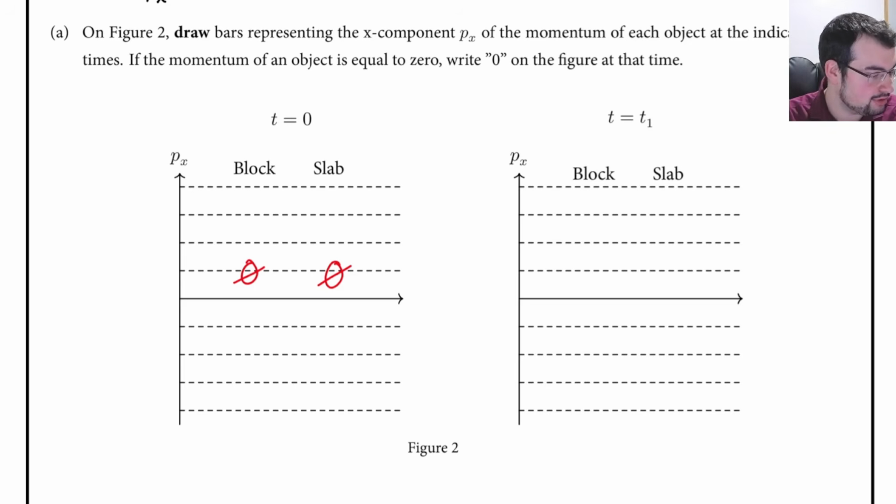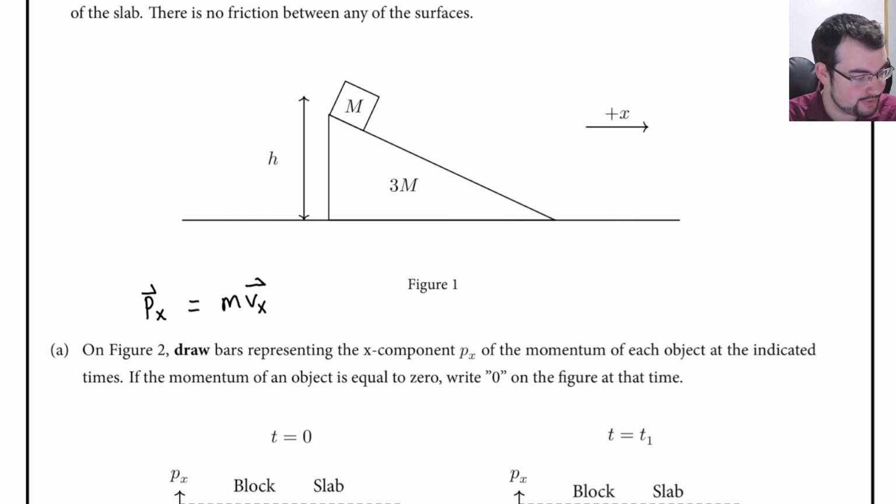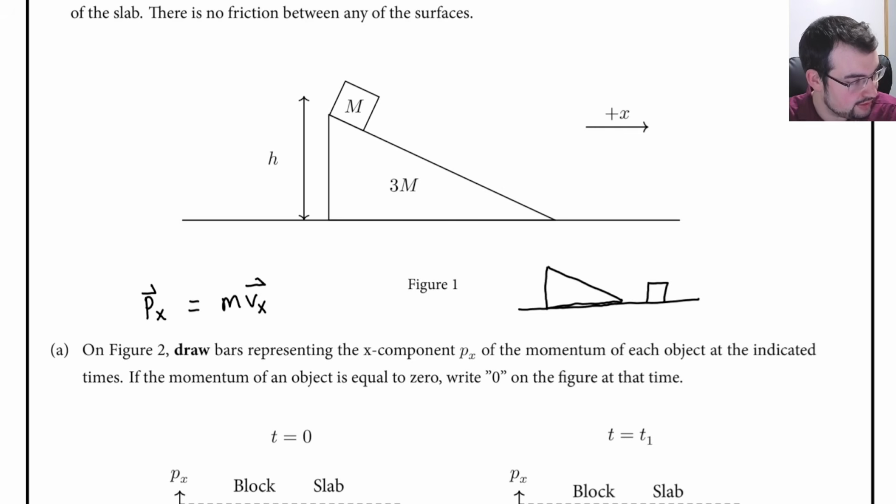So now let's think about what's going to happen at t equals t1. At t equals t1, we essentially have this scenario where we have the slab, and then the block has left it. Well, remember that conservation of momentum tells us that the total momentum of the system must remain constant.